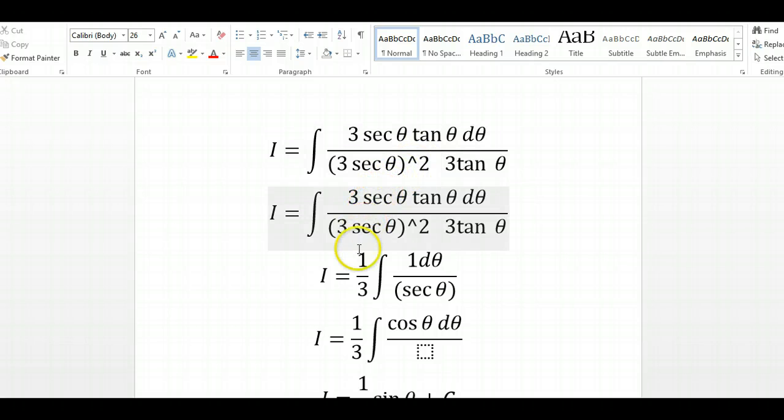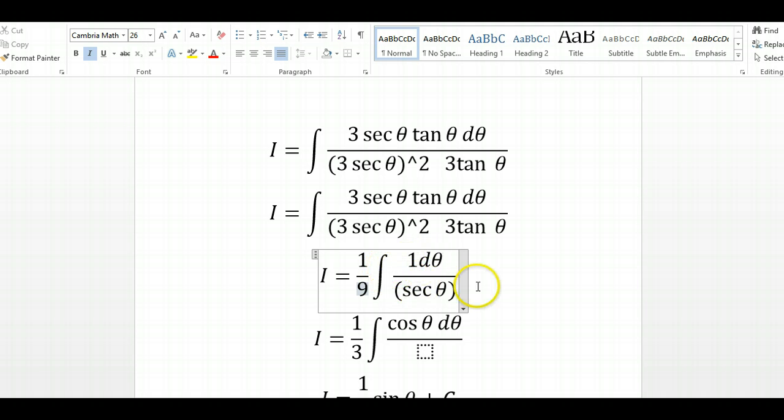The only thing left will be secant squared downstairs, because the secant theta will also cancel with secant theta. So we have secant theta over secant squared theta, which cancels to give 1 over secant theta. We have a 3 squared, which is 9, and that 9 will remain. All the others will cancel off.